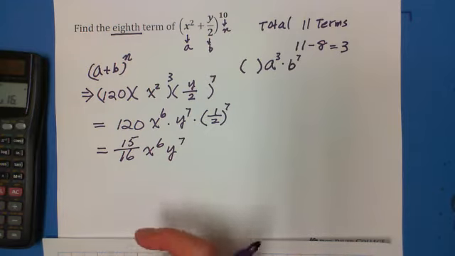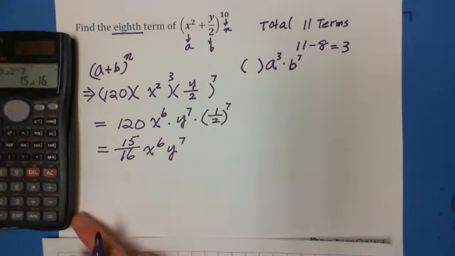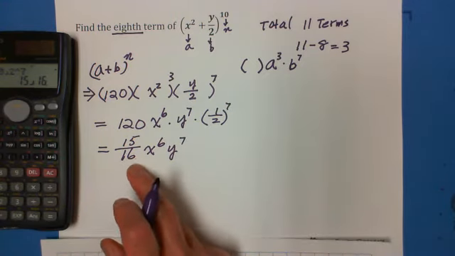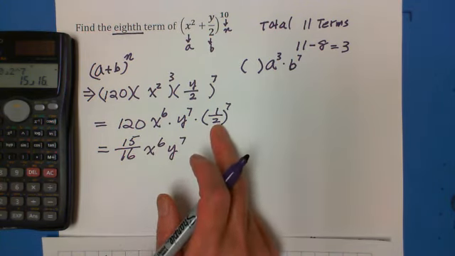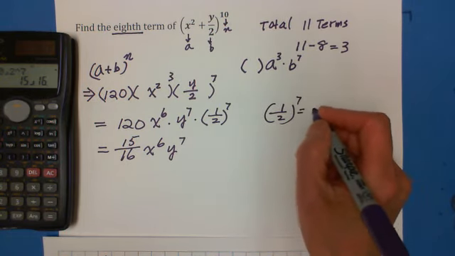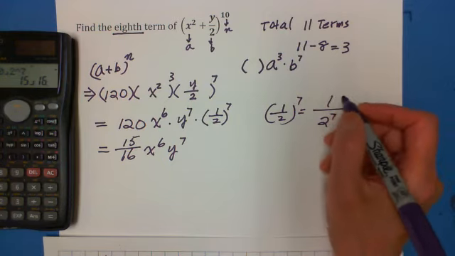That's why I say that when you calculate using the fraction button, the advantage is it simplifies for you. You just enter 120 over 2 to the 7 exponent, because 1 over 2 to the 7 equals 1 over 2 to the 7, since 1 to the 7 is still 1.